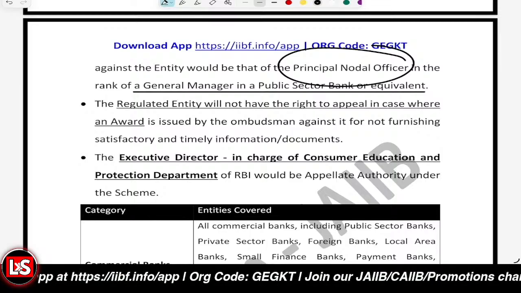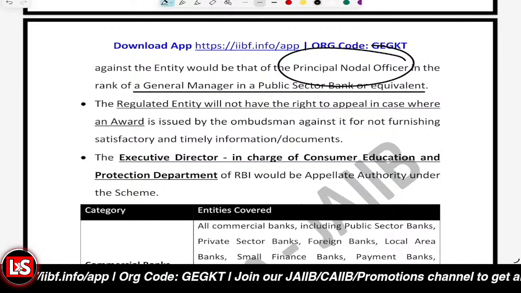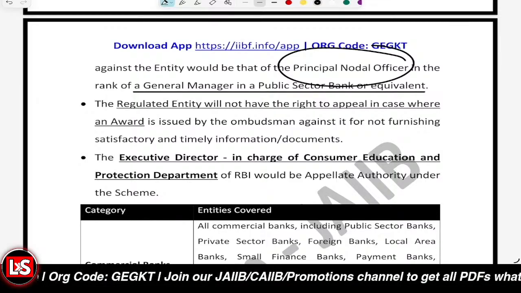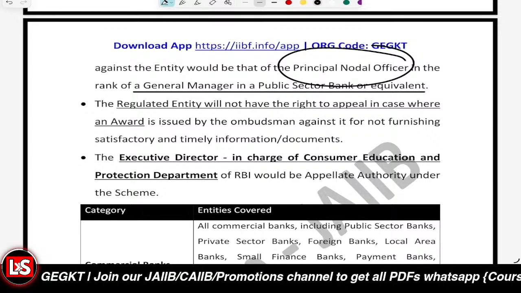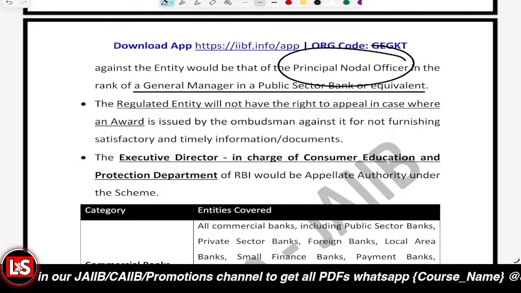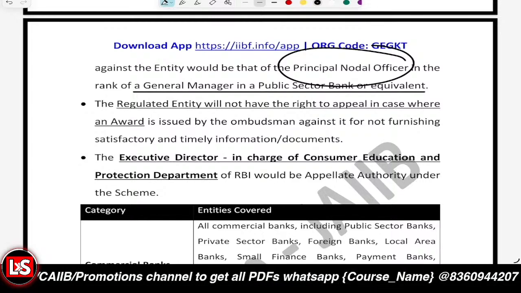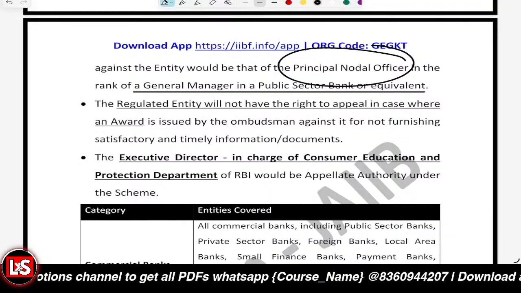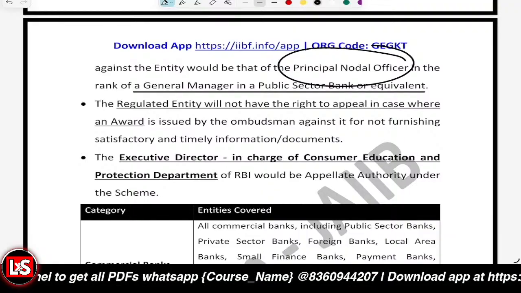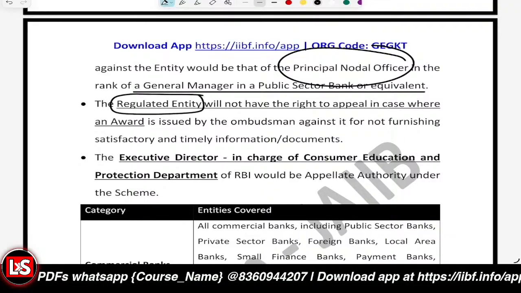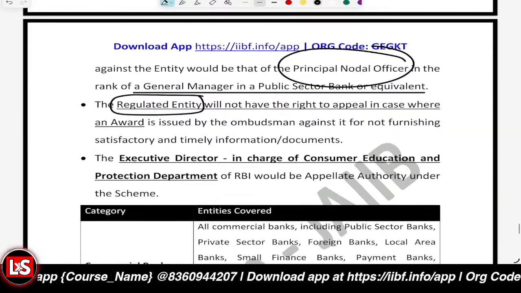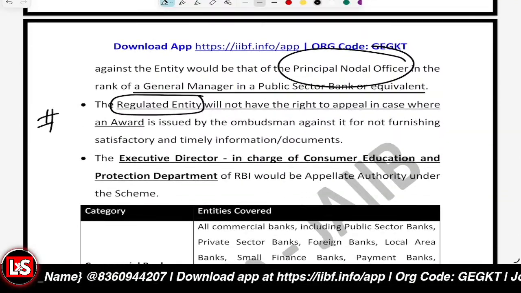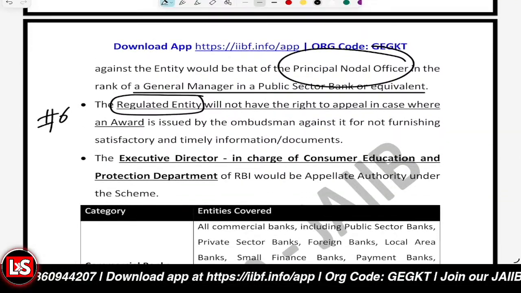And no appeal: the regulated entity cannot appeal where the award is issued for failure, like if timely and satisfactory information was not provided by the regulated entity.